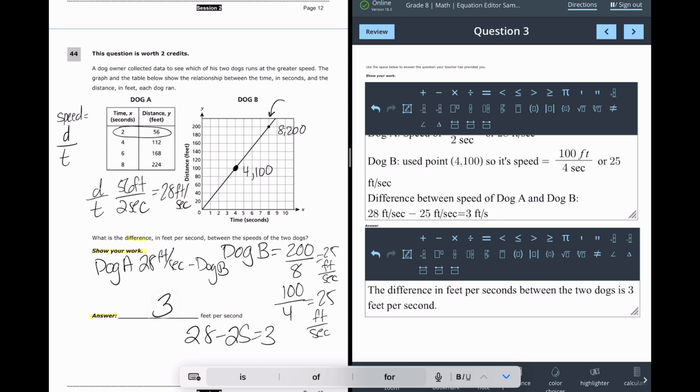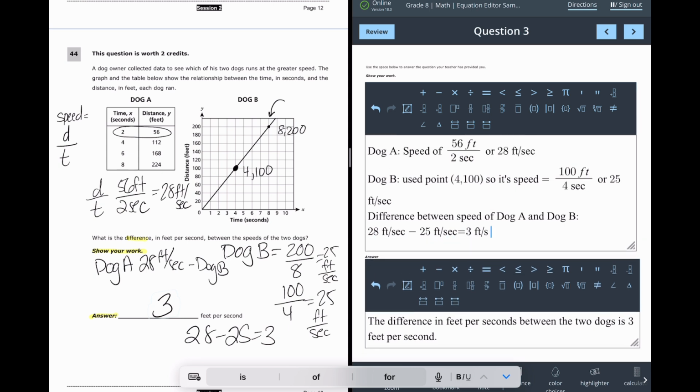I'm just going to reread it to make sure it makes sense. So I showed dog A speed of 28 feet per second. Matches my work. Dog B, I used 0.4 on 100, so its speed is equal to 100 feet over 4 seconds, or 25 feet per second. Difference between speed of dog A and dog B, 28 minus 25 equals 3, and done.